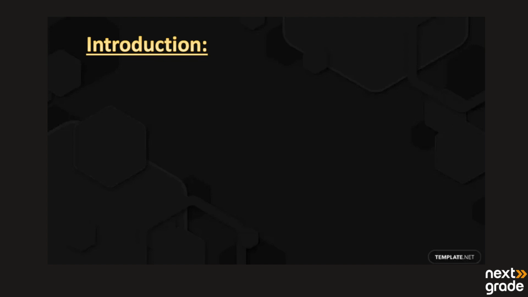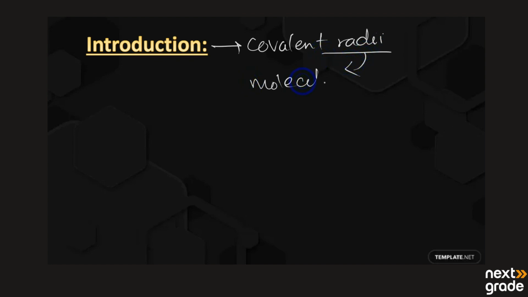So covalent radii, as the name shows, is related to the radius of the molecules that have a single covalent bond between them.